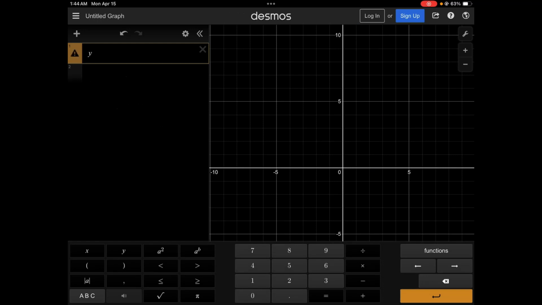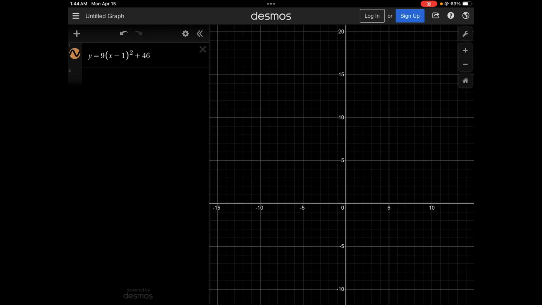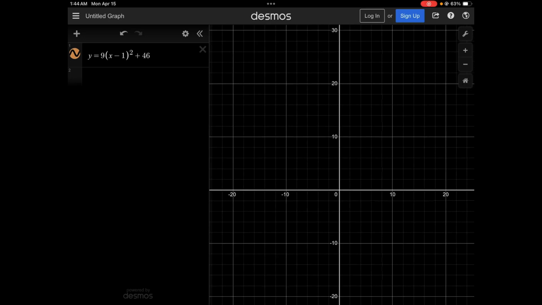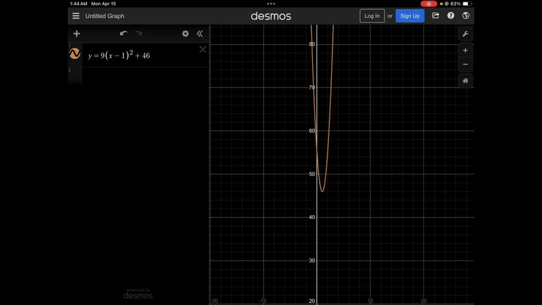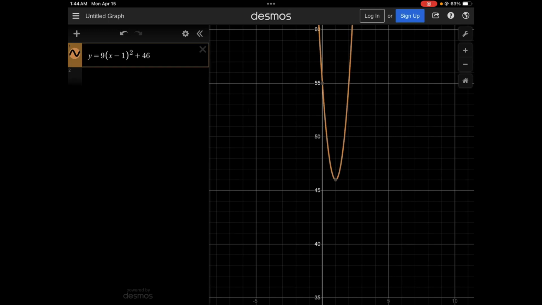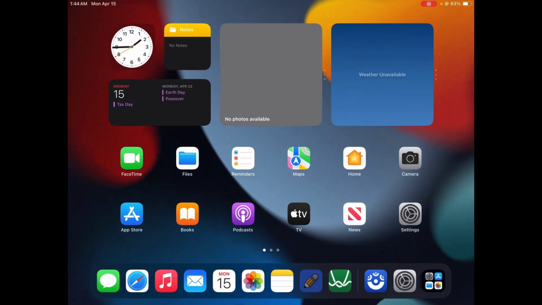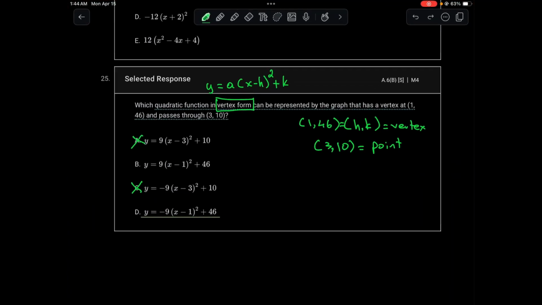Y equals 9 times x minus 1 squared plus 46, and it's somewhere here. We tap the vertex, and indeed it's at 1,46. Now let's see, we have a point 3,10.